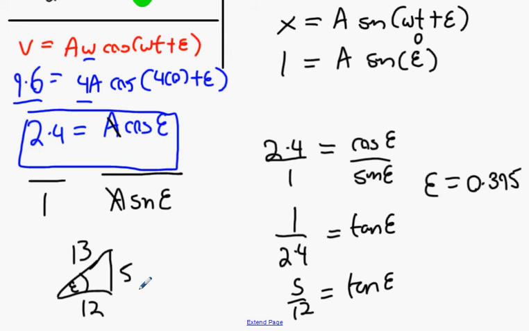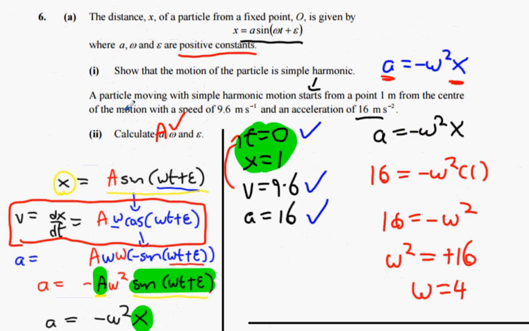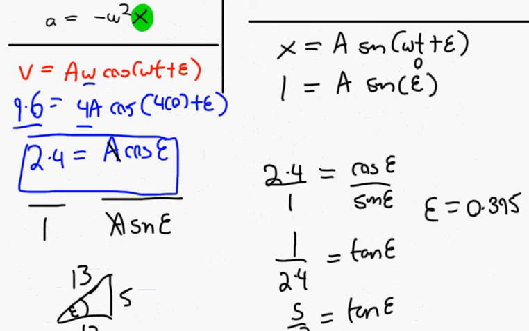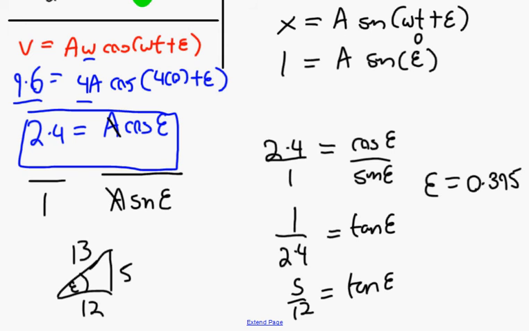Okay. Now, I've found out what epsilon is. So I've found omega and epsilon, but what I haven't found out is the amplitude. Amplitude is the last thing I need to find out. So I look for an equation that has amplitude in it. This equation here will do.